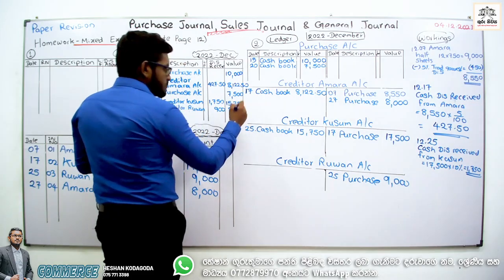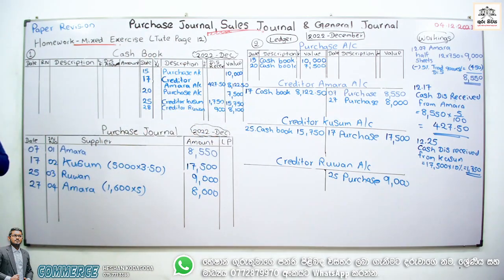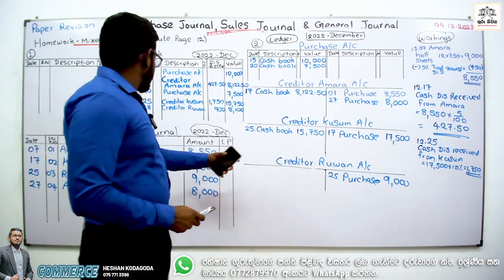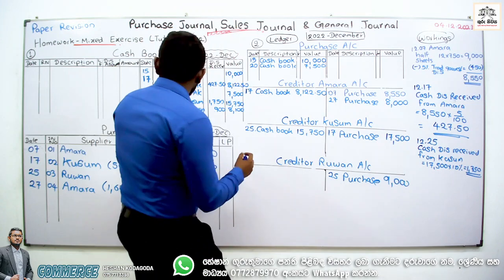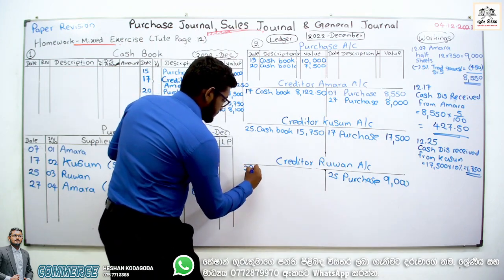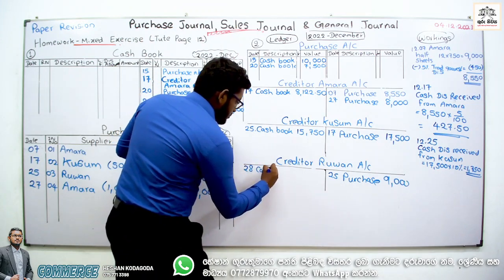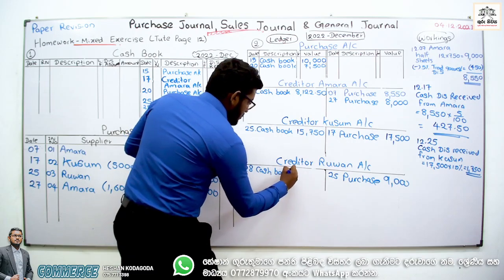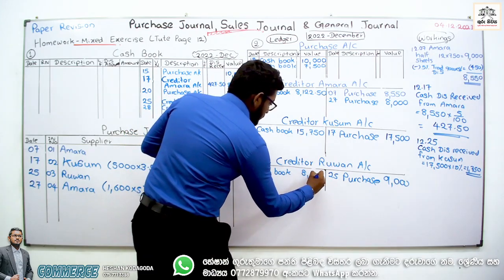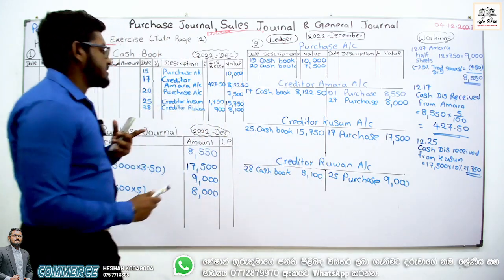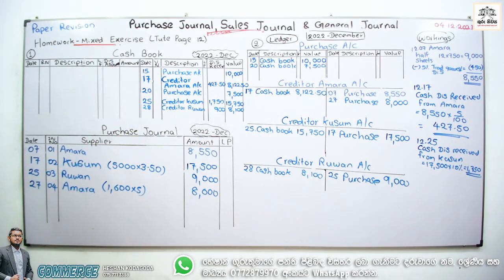Is it clear to you? We only need to pay 8,100. So we debit the creditor Ruan account, and the cash book, 8,100. Let's write the 900 discount at the end of the month.